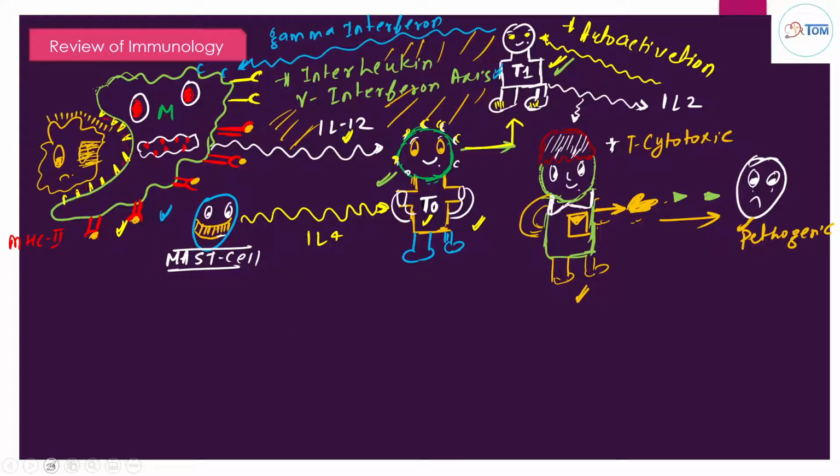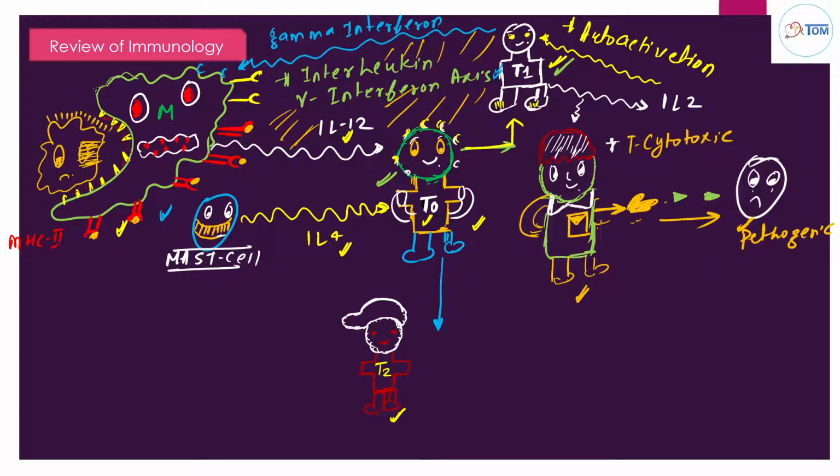But if the T0 cell is acted upon by IL-4, then this T0 cell transforms itself into a T helper 2 cell. So let's now make a T helper 2 cell. So what exactly happened? IL-4 acts on the T0 cell, and this T0 cell transforms itself into a T helper 2 cell.